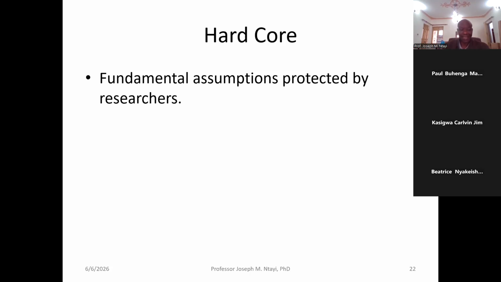So in other words, the guy has what we call a scientific program in that case. That means he's guided by Lakatos, and in your area you can also follow Lakatos. So he has the hardcore and the protective belt. The hardcore consists of those fundamental assumptions, ladies and gentlemen, that researchers within the program do not easily abandon.